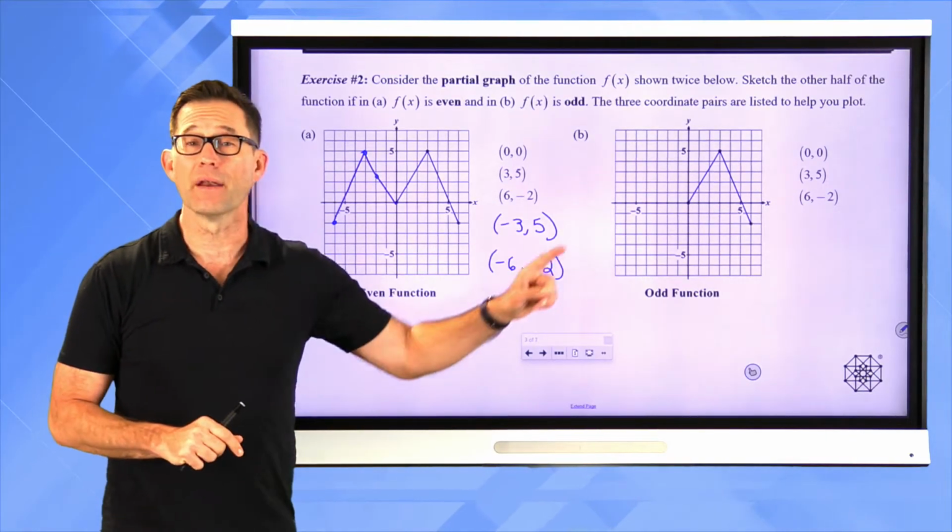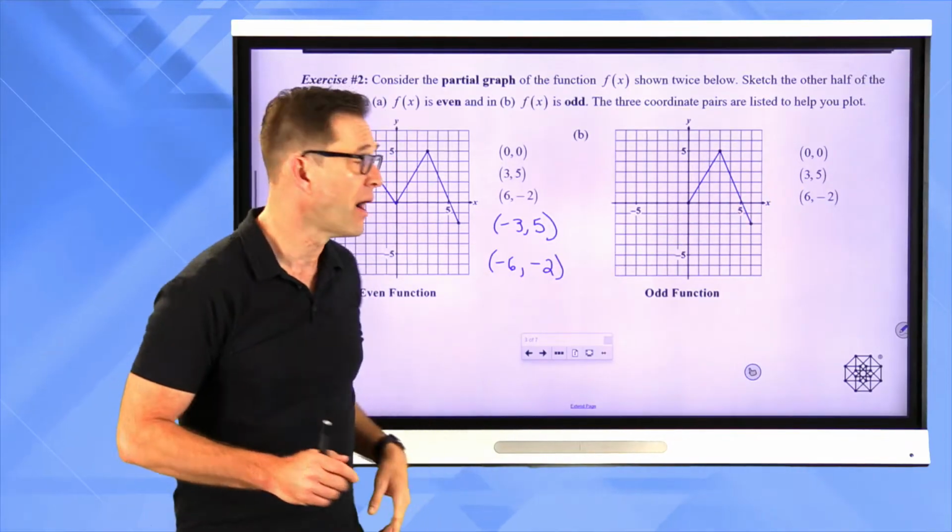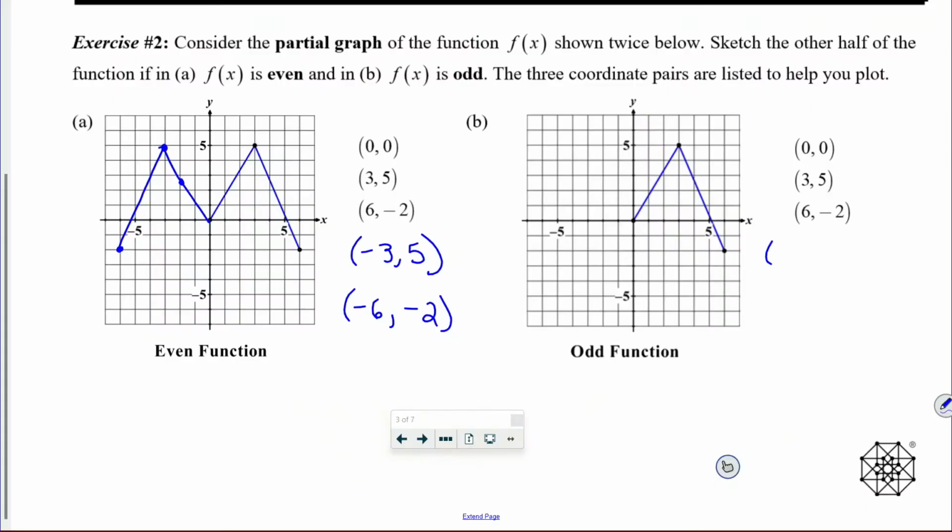Now on the other hand, when I have an odd function, and I have the point 3, 5, then if I have an opposite input, I should get an opposite output. So negative 3 should get mapped to negative 5. Likewise, negative 6 now should get mapped to positive 2.